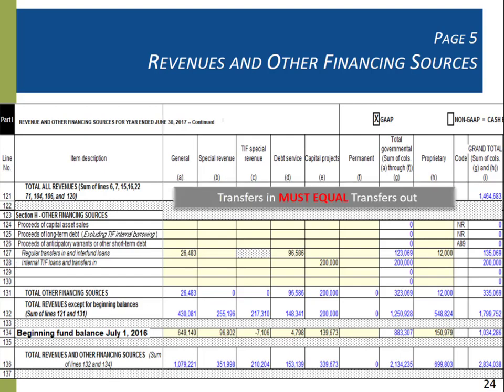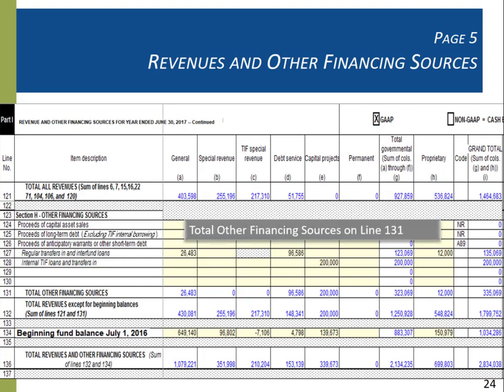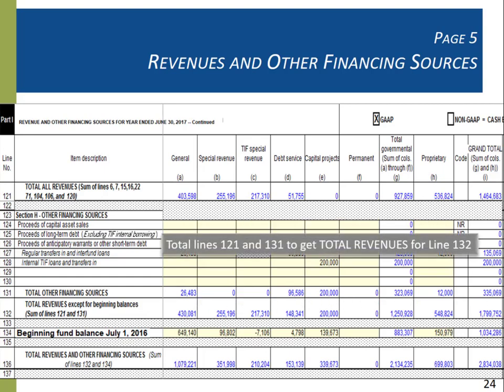You need to be sure that transfers in on this page equal transfers out that we're going to put in later. So the total of other financing sources is on line 131. And again, the workbook automatically sums that for you. And then it adds together the total that you put in before of 121 and 131 to give you total revenues on line 132.